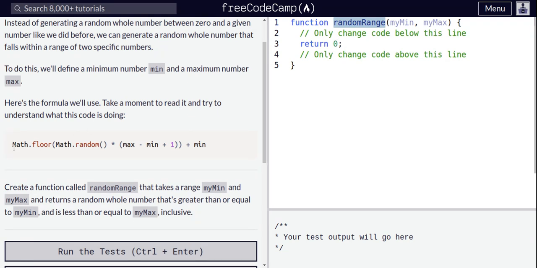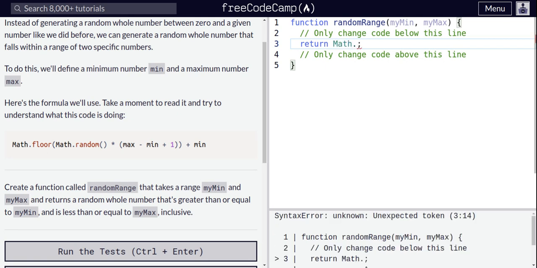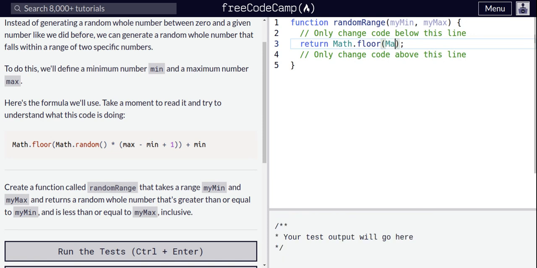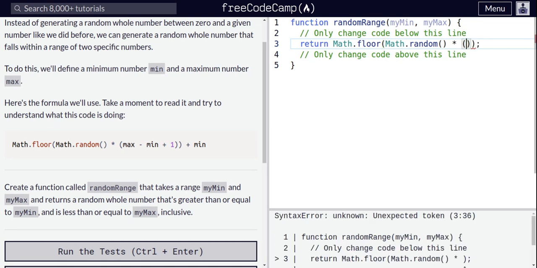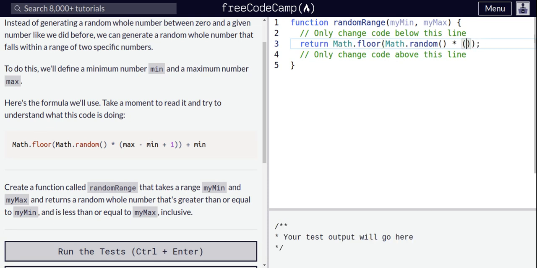I think I could just copy this out, but I would like to type this because it's interesting to type it. Math.floor, Math.random, with a bracket, times, open another bracket. We have my max, you can see them up here.